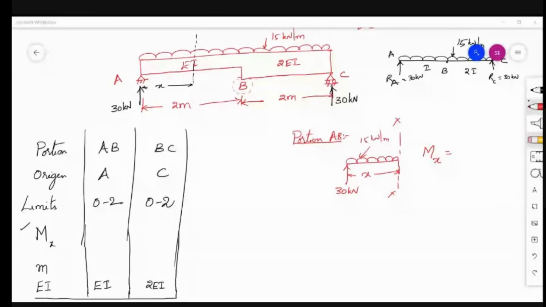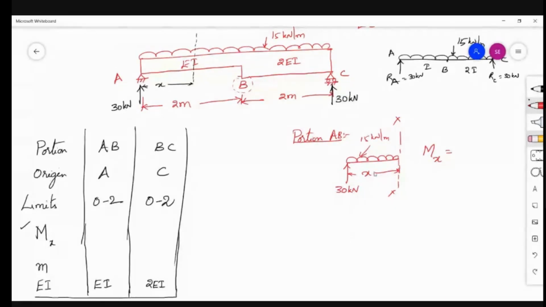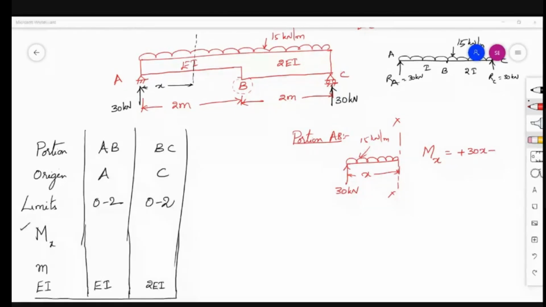30x minus 15x square by 2. Good. So here you are considering a section. 30 into x is giving a sagging moment, hence it is positive. Plus 30 into x minus 15 into x square by 2.